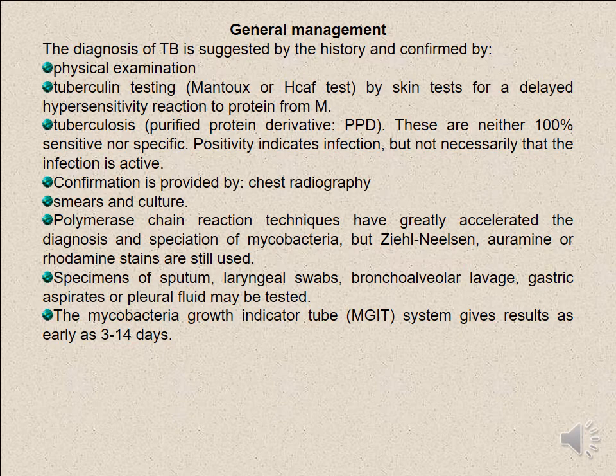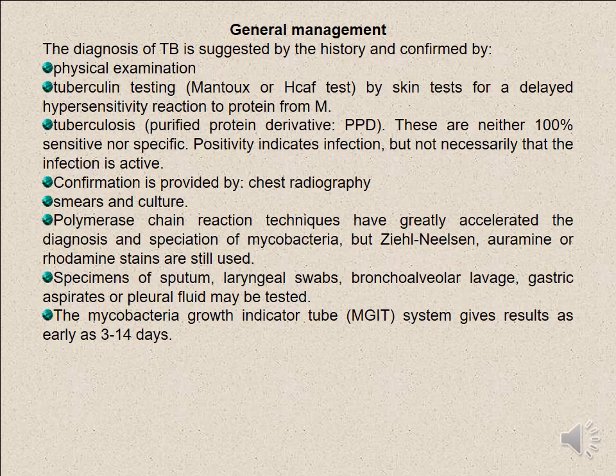Polymerase chain reaction, the previous smear and culture, and polymerase chain reaction techniques have lately accelerated the diagnosis and speciation of mycobacteria, but Ziehl-Neelsen, auramine, or rhodamine stains are still used in the diagnosis.